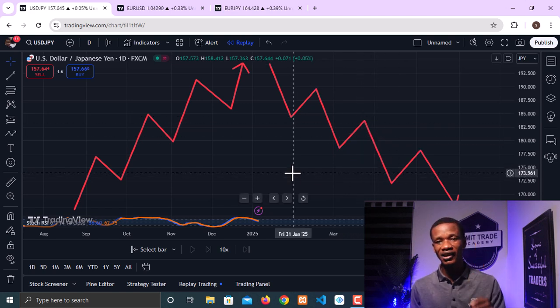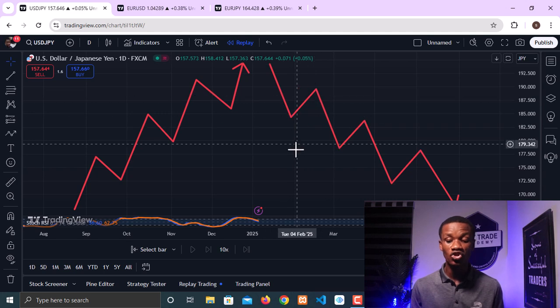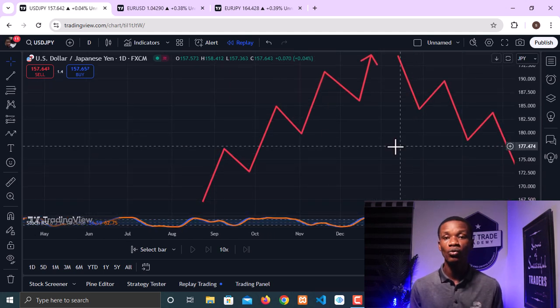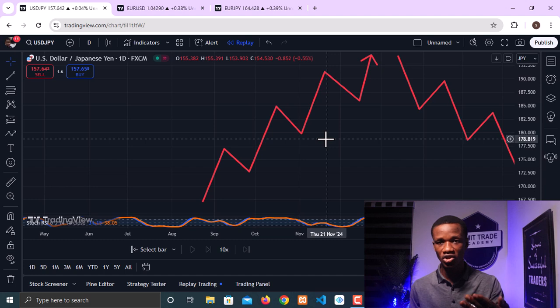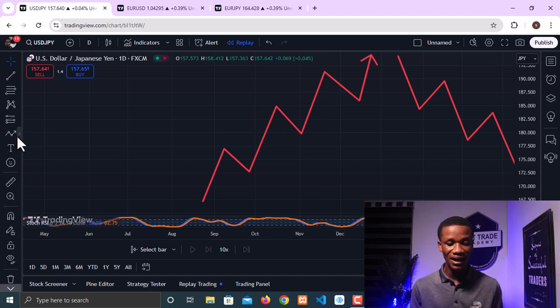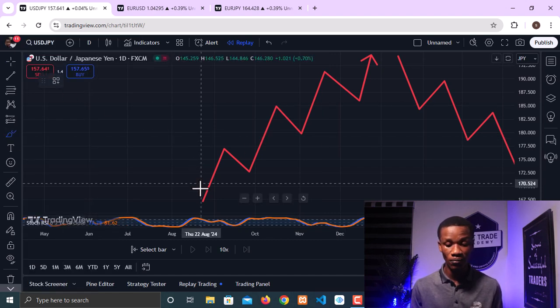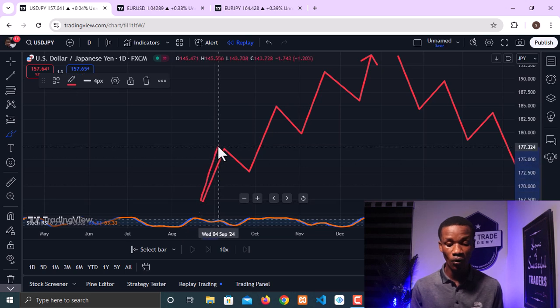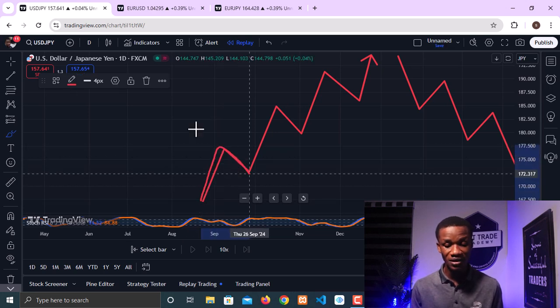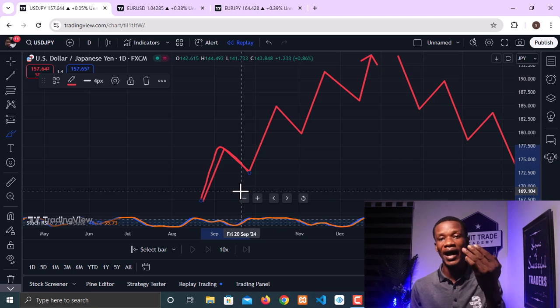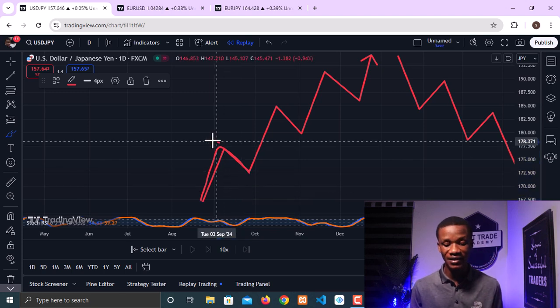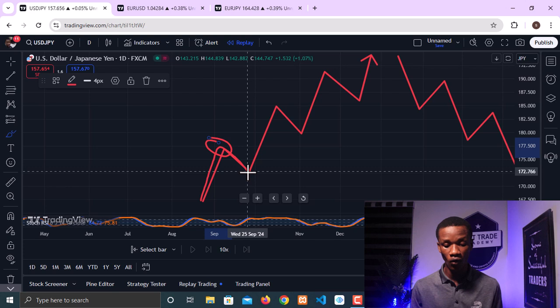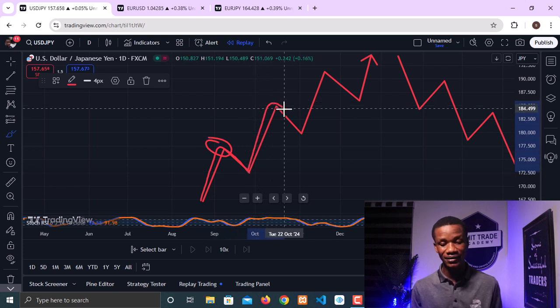One important thing you need to note before you trade pullback is that you must see trend continuation. What that means is, if the market is moving upward in this kind of formation, you need to see the market move upward, and then we should see a retracement. The market should create a new high, higher than the previous high at this point, where you see the market move upward right here and retrace.